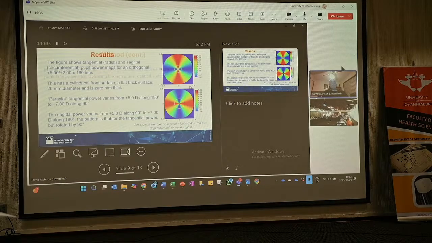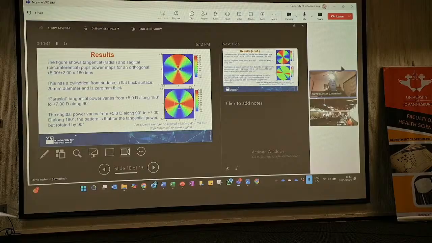Now, these figures here show you tangential and sagittal power of a pupil power lens. So we're looking at the power across the pupil. The lens itself has a diameter of 20 millimeters.